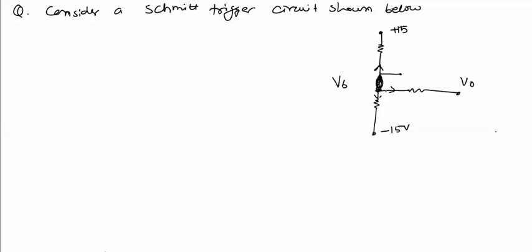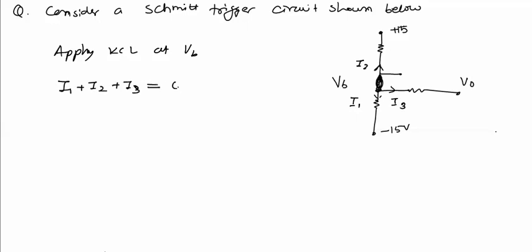Now if we apply KCL at VB, there are three currents, I1, I2 and I3. All are outgoing, so I1 plus I2 plus I3 should be equal to incoming. There is no incoming current, so it will be equal to 0.